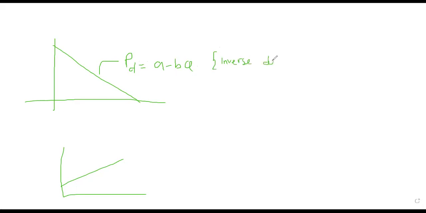So inverse demand is made out of what? The price function. Demand can also be expressed using the direct demand function, which is Q equals A minus BP. So this is also a demand function. Key thing is our gradient is negative.